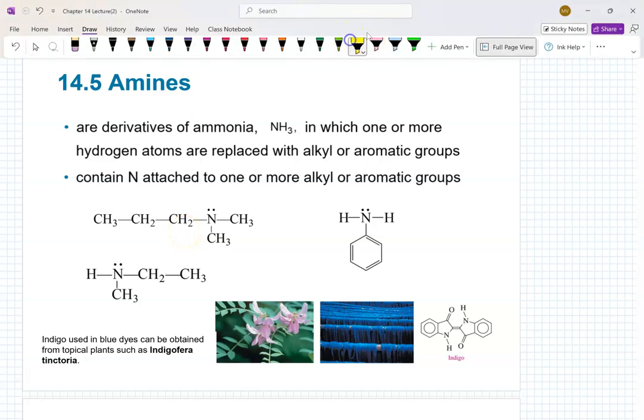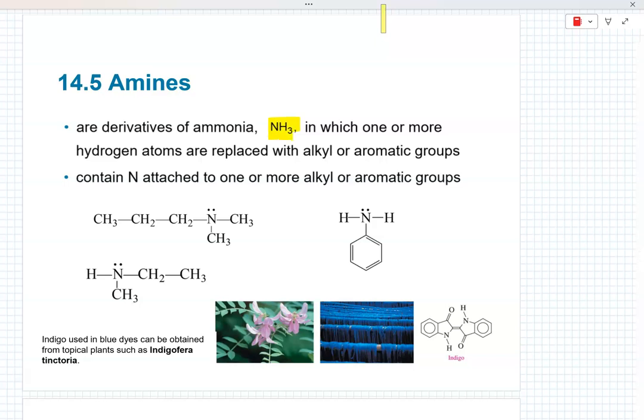So it's a little bit of a new concept here. Amines are derivatives of the ammonia molecule. In amines, one or more hydrogens are replaced with organic substituents, alkyl substituents, or aromatic substituents. For instance, this amine has 3 substituents.